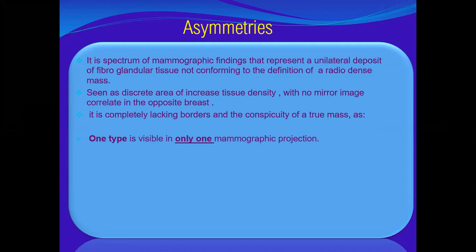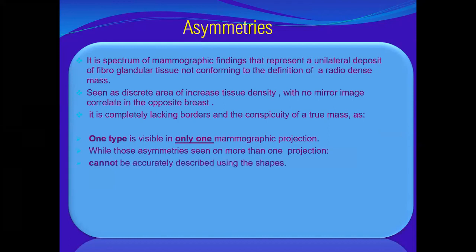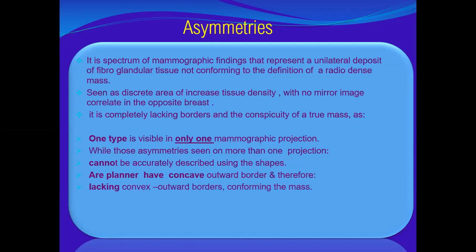It is either seen in one mammographic projection, as one type of asymmetry, or the other types are those seen in more than one projection, which cannot be accurately described using shape and are planar, having concave rather than convex borders, lacking the convex border of a mass, and are usually seen with interspersed fat within the density.